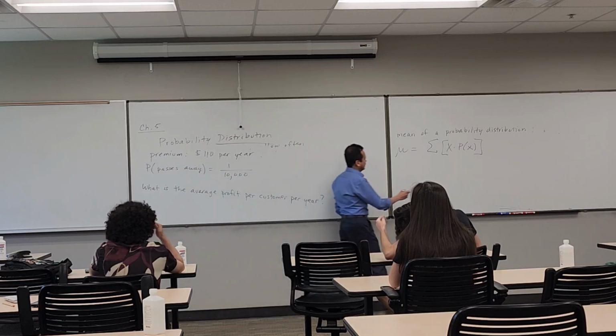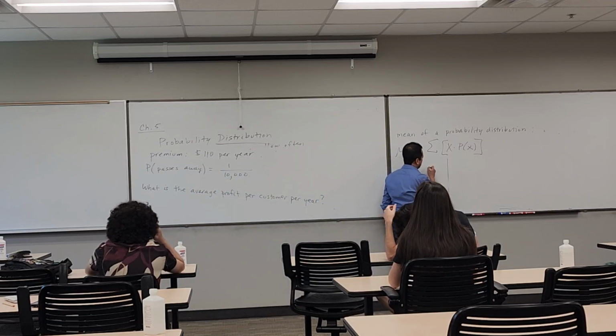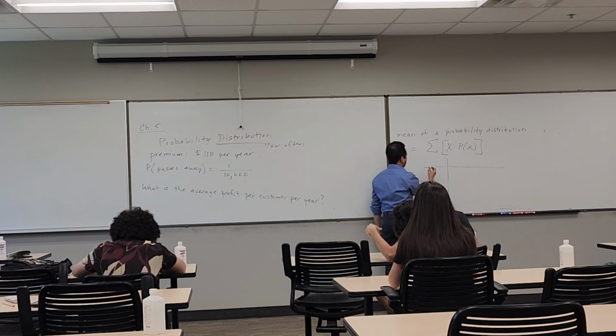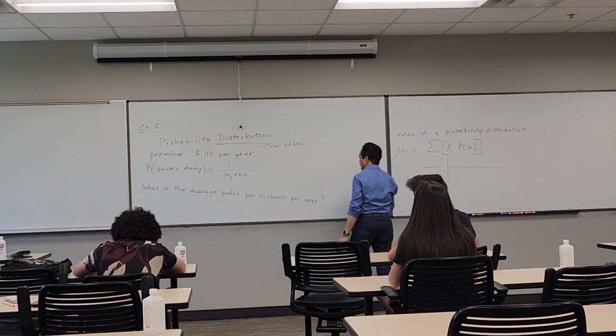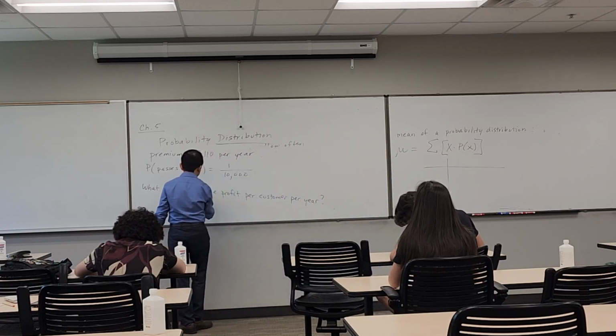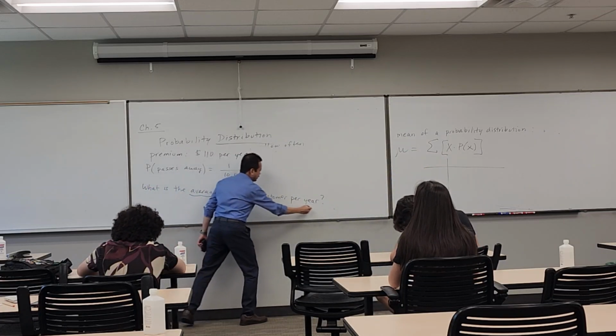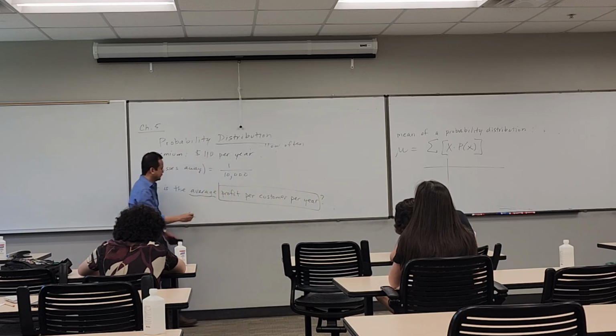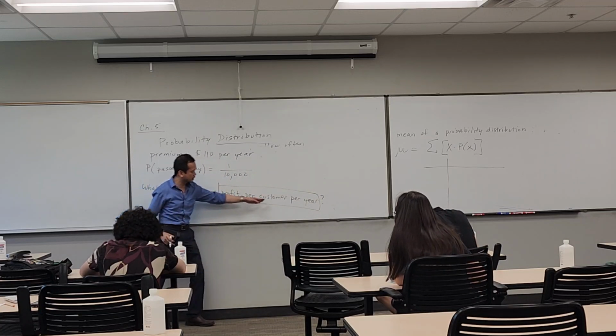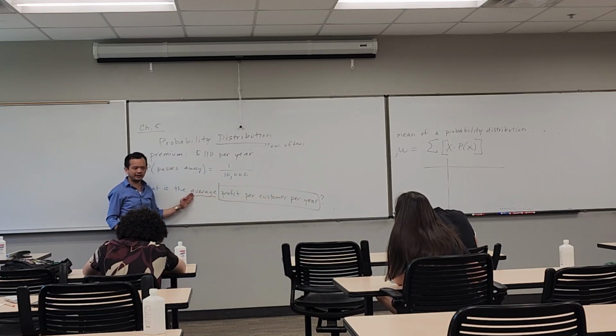Whatever it is we're trying to find the average for, this will be our variable. So our variable is going to be profit per customer per year, because that's what we're trying to find the average for.